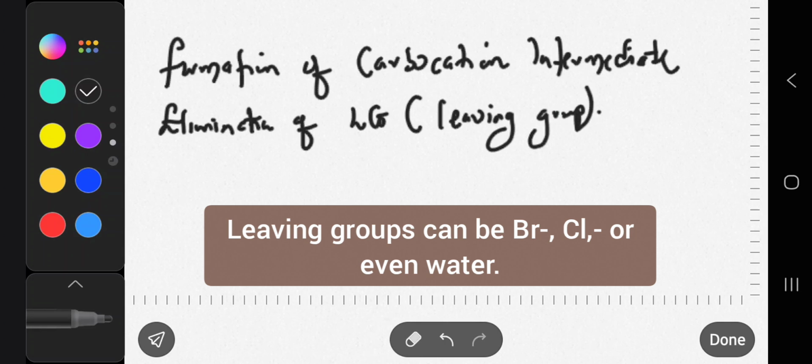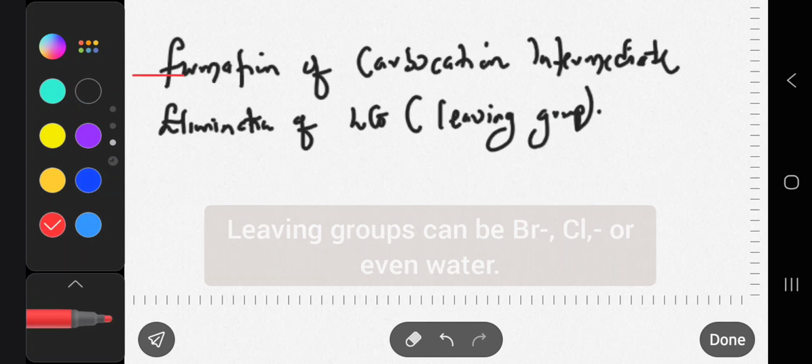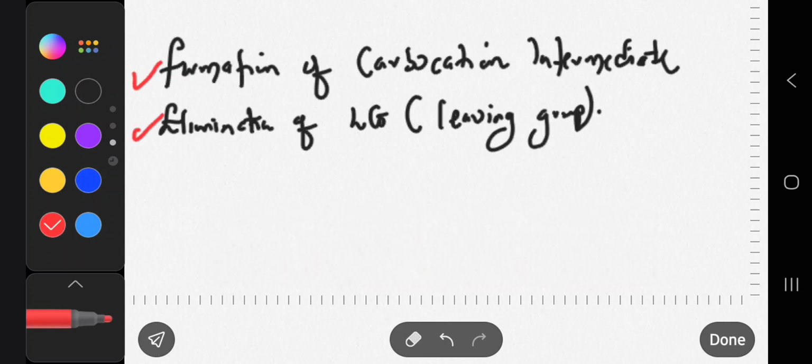Okay, so these are the two basic steps involved in the E1 elimination reaction.